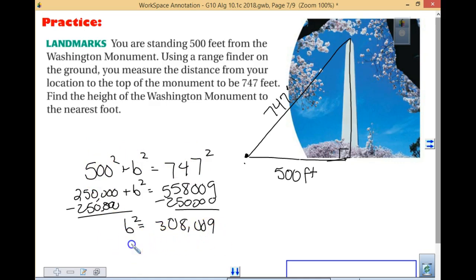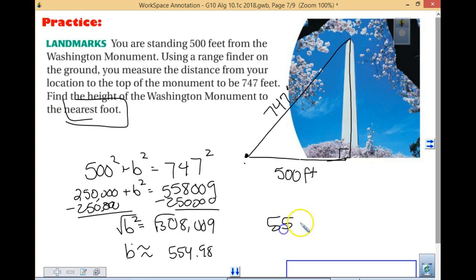Then you are taking that square root. So when you take the square root of both sides, B is approximately 554.98. We're rounding it, but they tell us to round to the nearest foot. So my final answer should be about 555 feet tall.